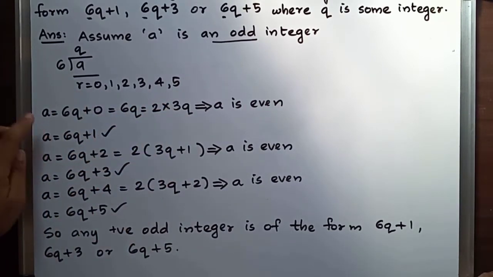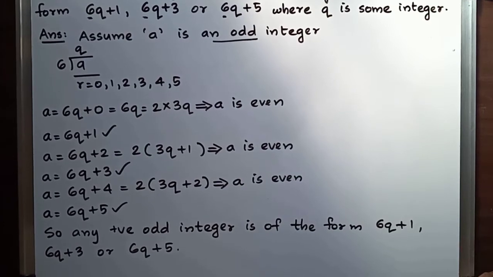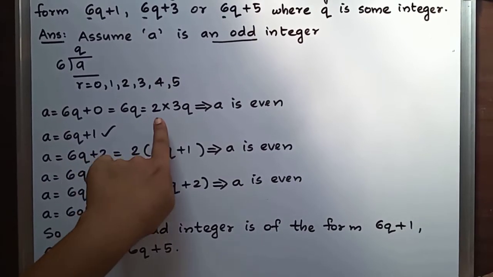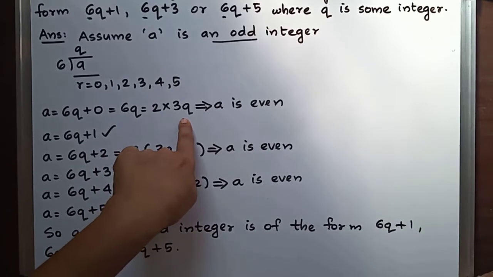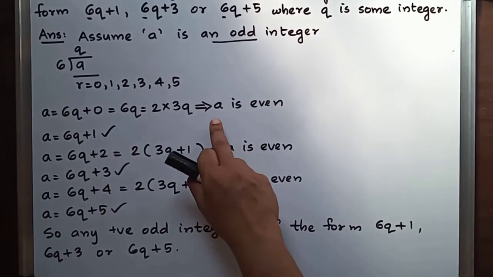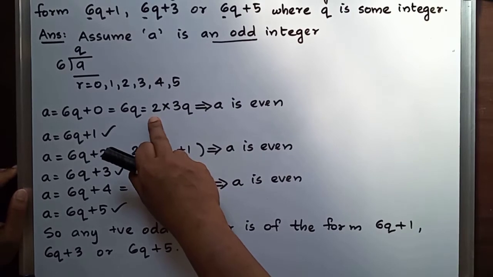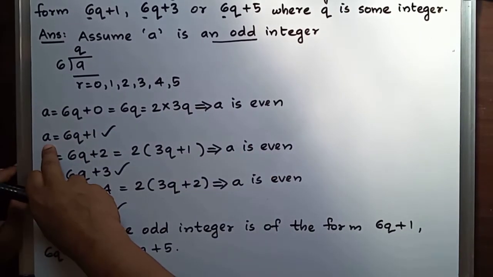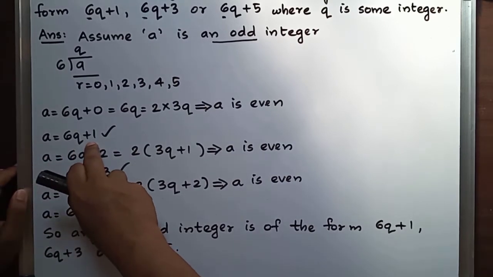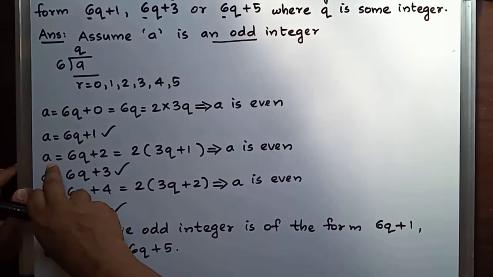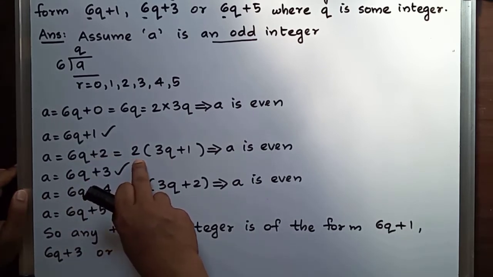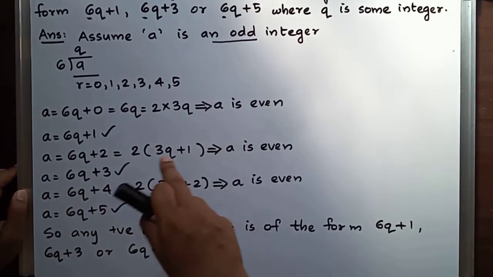Then we can write A like this. A is equal to 6q plus 0 is equal to 6q is equal to 2 into 3q. That means A is even. See, here 2 comes as a factor, which means A is even. Next option is A is equal to 6q plus 1. Okay, that is taken. A is equal to 6q plus 2. What happens? 2 can be taken out here. That means A is even.